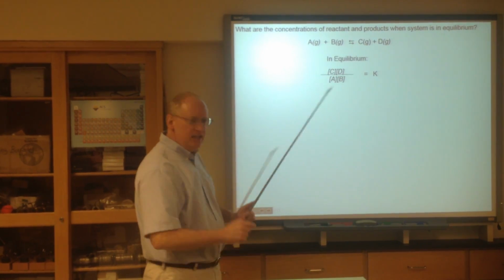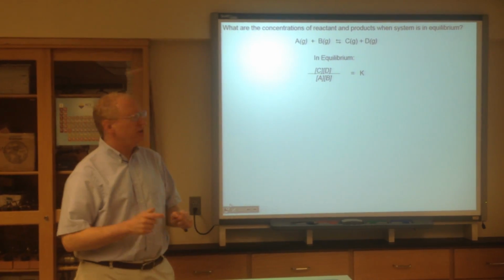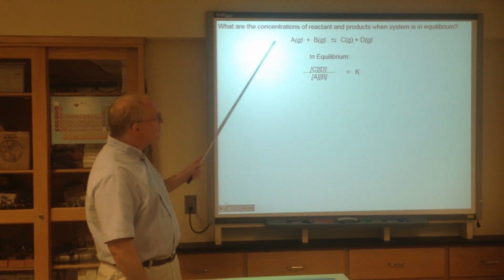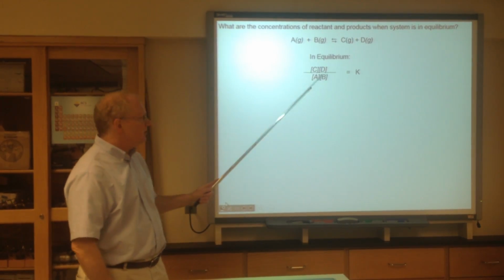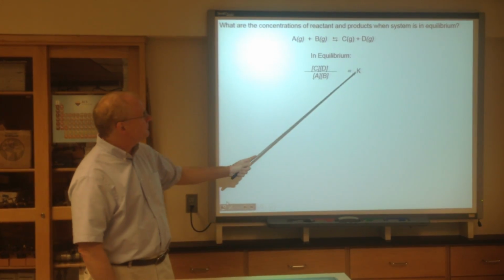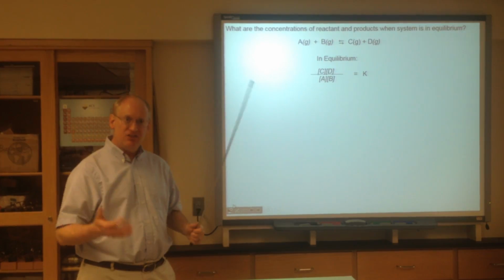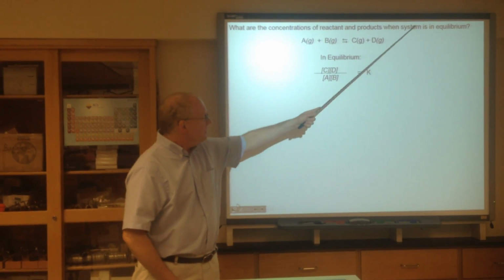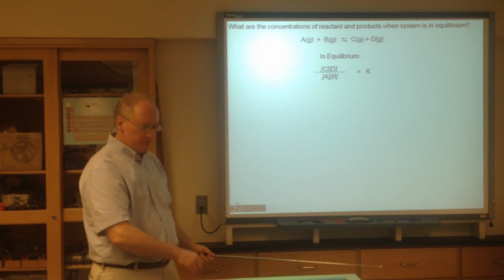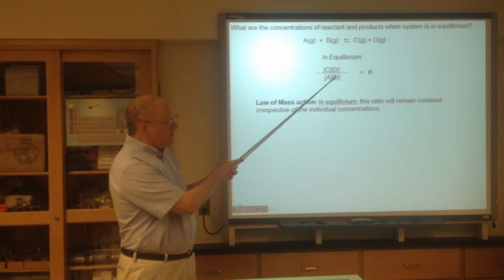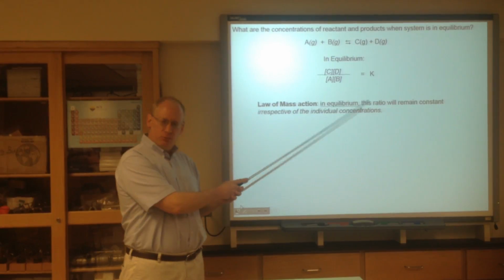So what we've seen is for this kind of a model system, in equilibrium, all the concentrations of these reactants and products must obey this equation for some constant K. And all of this falls out of basically the definition of equilibrium, the fact that the forward and reverse processes are balanced.